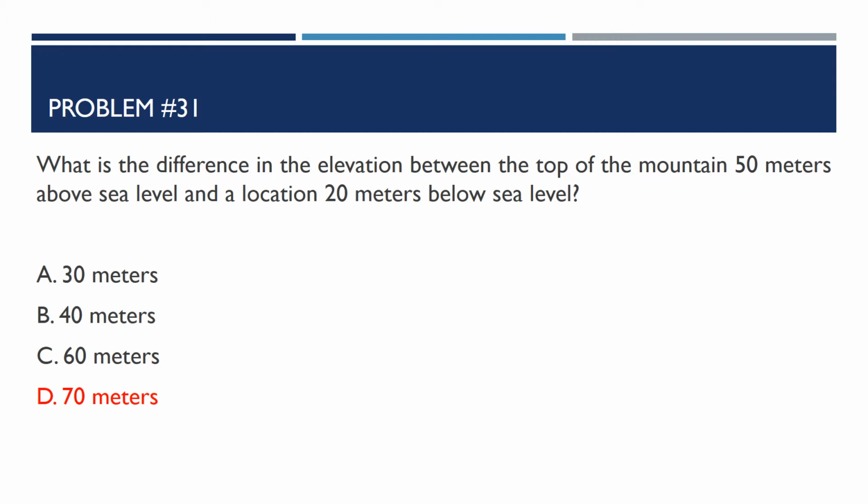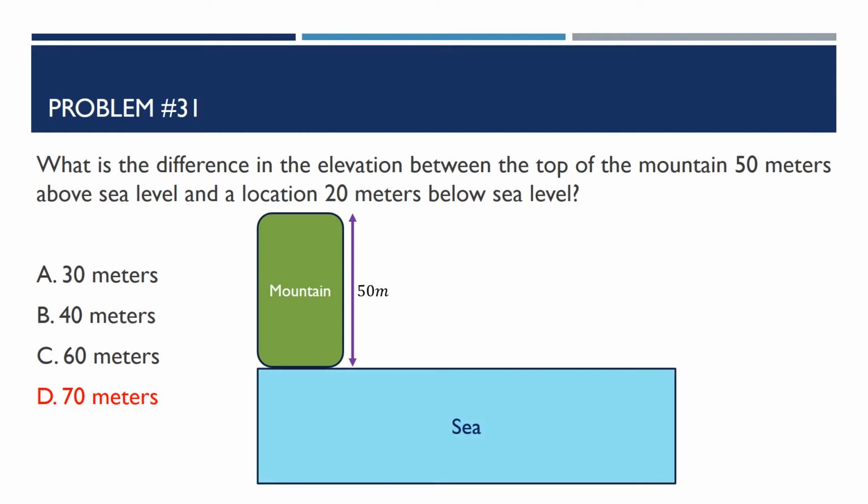Now let's illustrate first. Here's the mountain, and this is 50 meters high. And we have the sea, and below sea level is given that it is 20 meters. Now the task is to find the difference between these two.